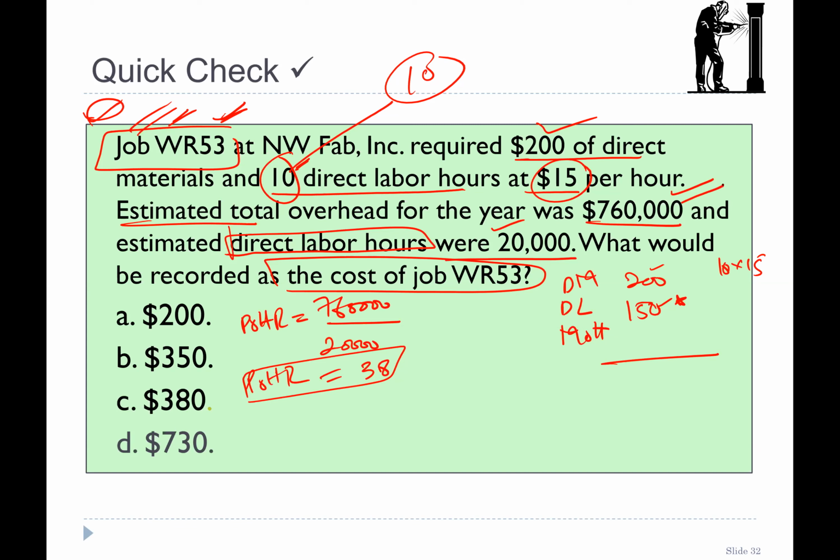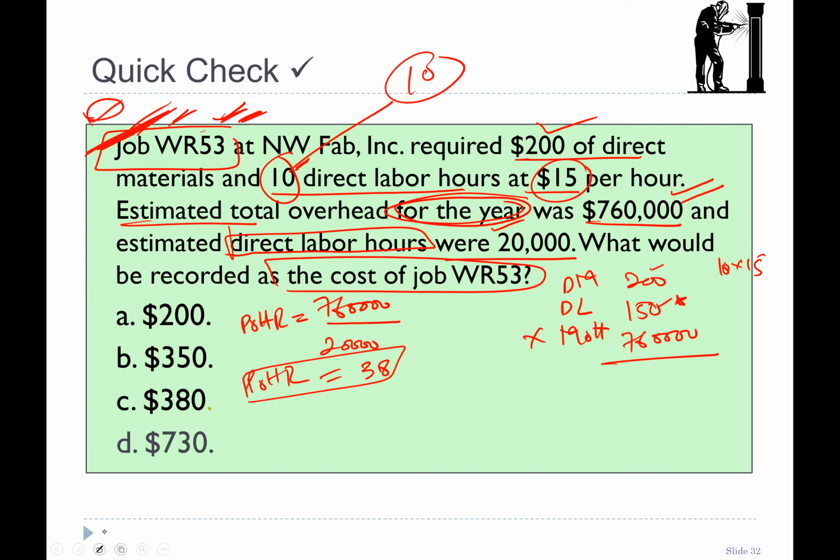So can we allocate 760,000 here? No, because that is the cost for all over the year, right? Not for just this job. This is the factory cost of manufacturing overhead. It means we need to find out manufacturing overhead that is related to this job.